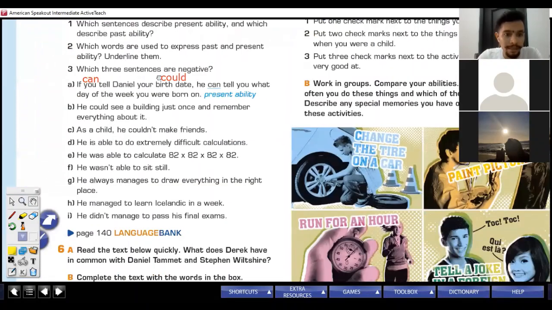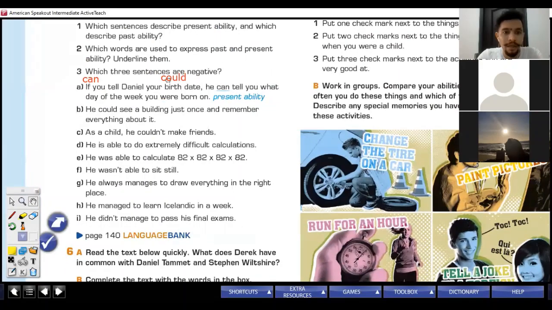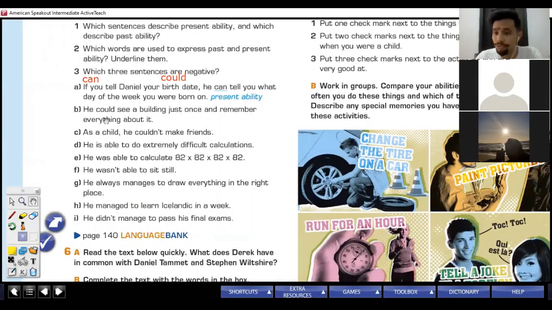This is from the letters. Letter A, I am going to read, and you're going to tell me which word expresses ability, and if the word is for a present ability or a past ability.